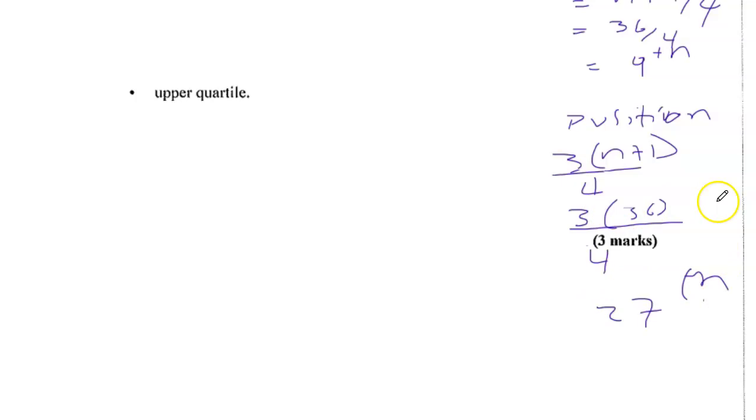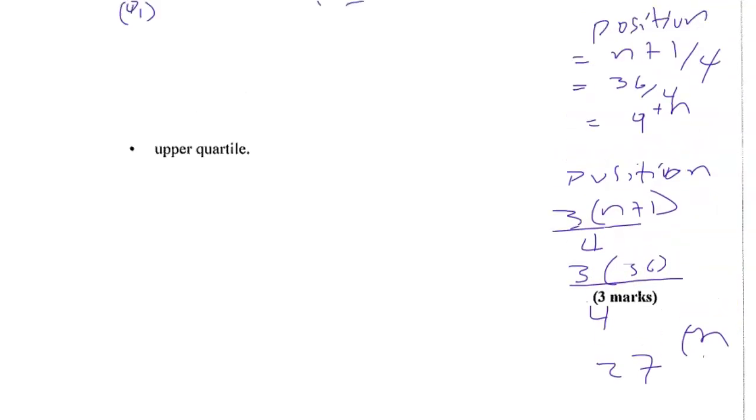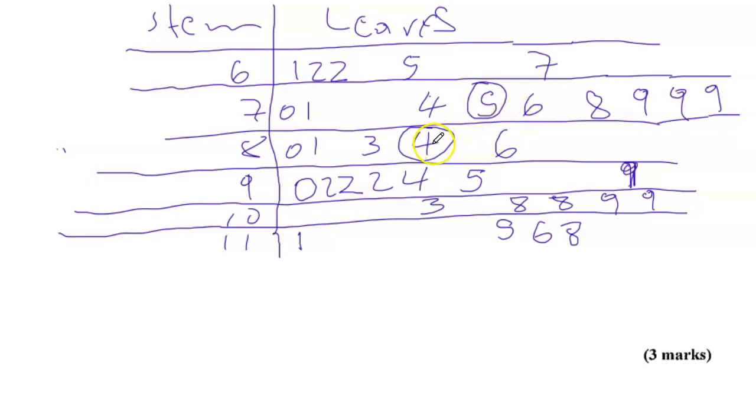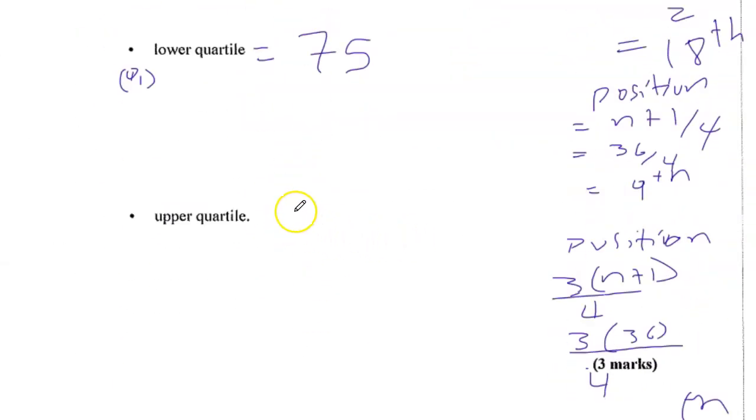So the upper quartile is the 27th number. We know the 84 was the 18th number, so 19, 20, 21, 22, 23, 24, 25, 26, 27. So the upper quartile, or Q3, is 103.